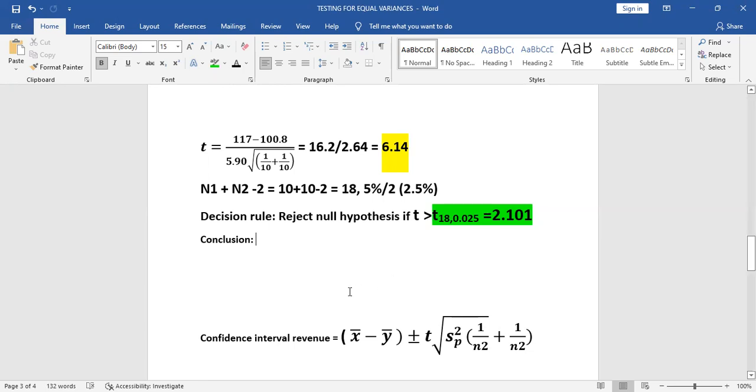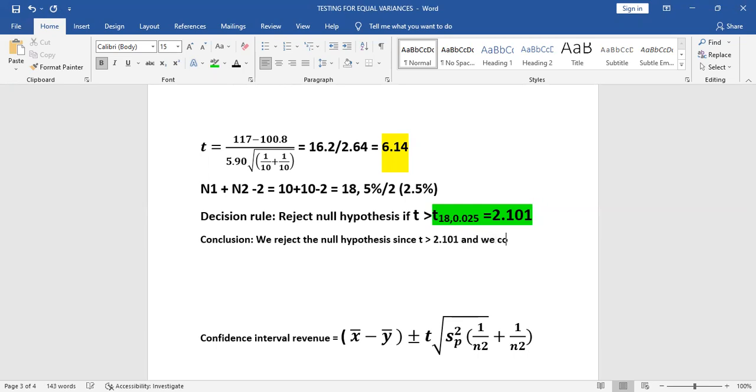We reject the null hypothesis since T calculated is greater than T obtained from the table, which is 2.101.